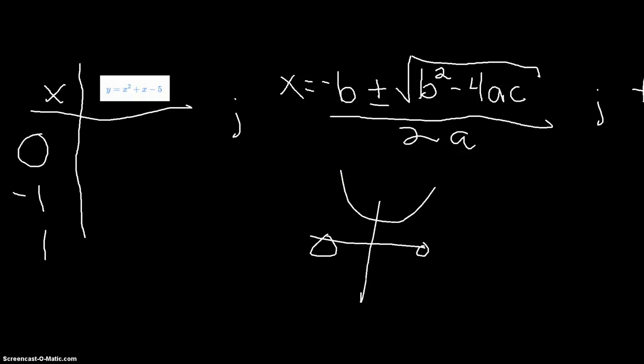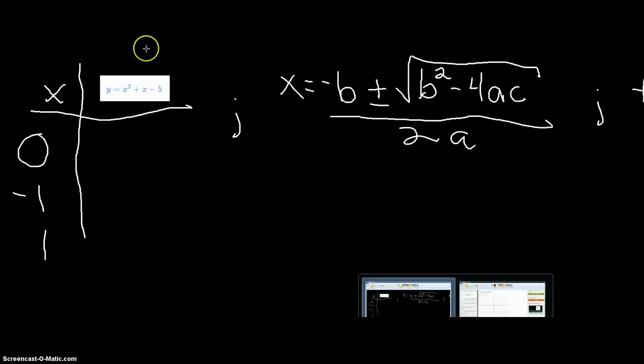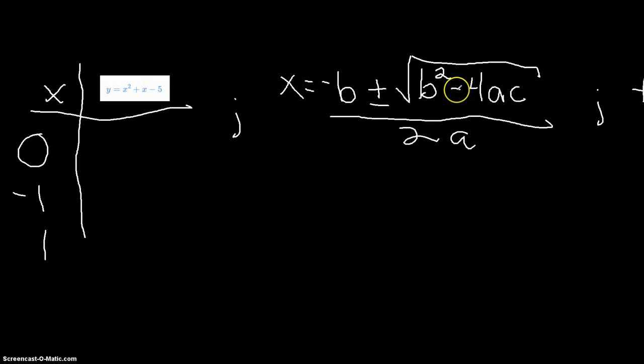But essentially, if you wanted to use the quadratic equation here, then this b value equals the coefficient of the single variable, so x, and a equals the coefficient for the x squared value, and c equals the coefficient of this guy right here.